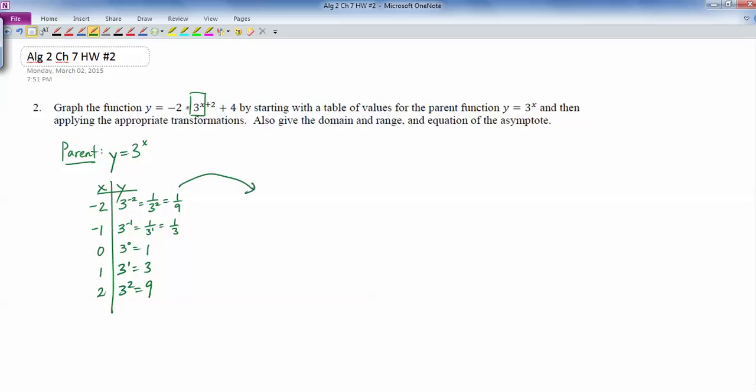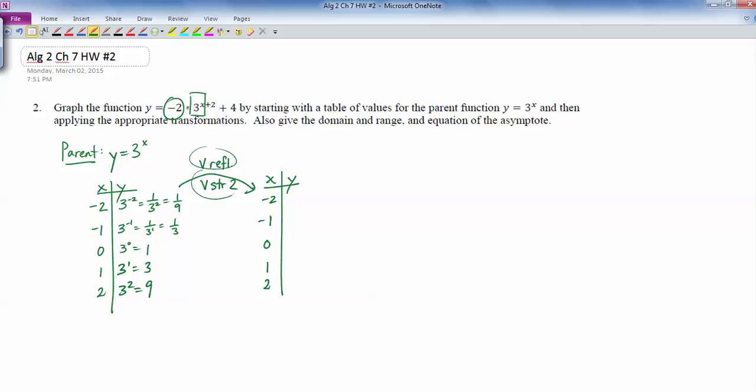Then to get to the second chart, we've got a -2 in front. That really means a vertical reflection that flips the graph over, and then a vertical stretch by 2. So the x's all stayed the same, and the y's all get doubled because of the stretch by 2, and you change their sign because of the vertical reflection.